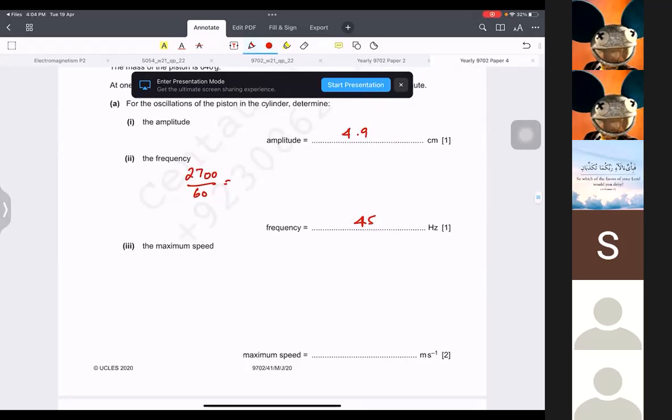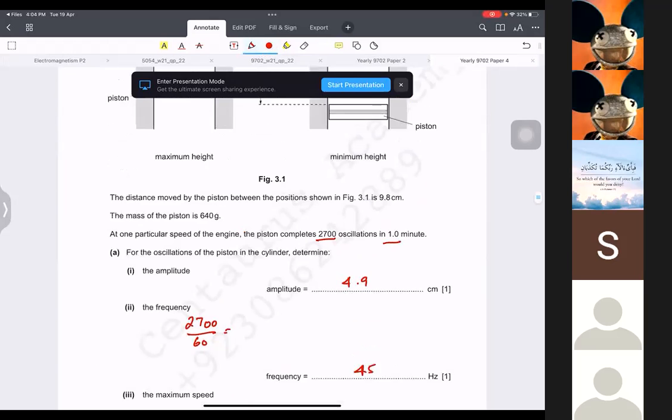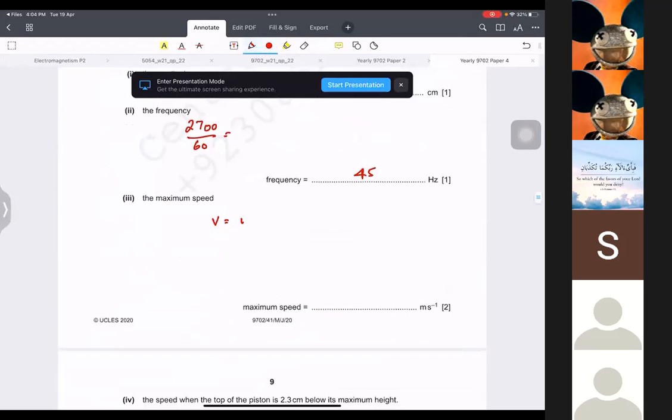Okay, maximum. So for this one, maximum speed, we have to use v. V equals to maximum speed. What is this? Let me think about it. Should we be using omega and omega x naught for this maximum speed? Sir, omega x naught use कर सकते हैं. Omega x naught be used.